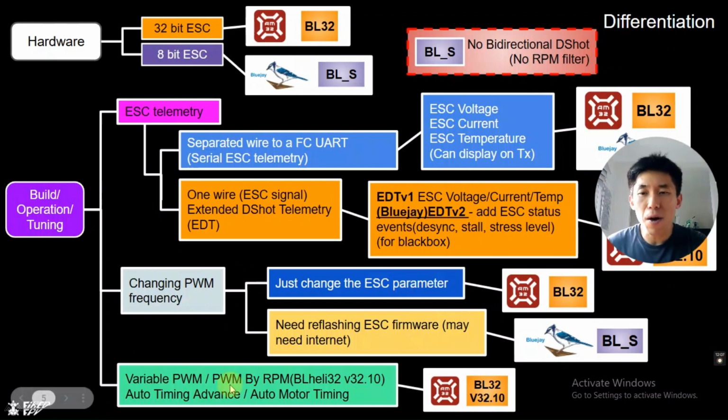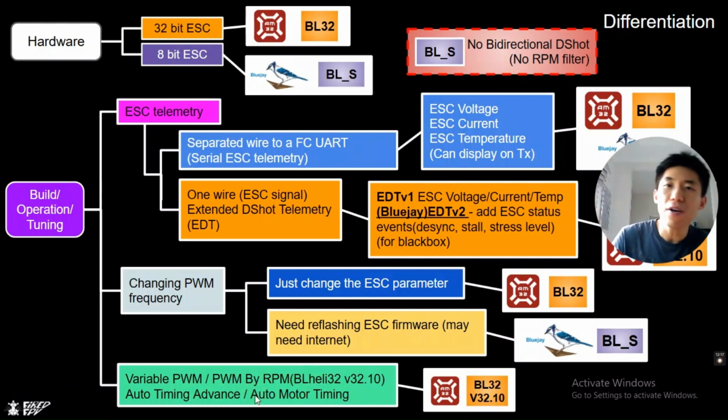And the last topic is the variable PWM, or PWM by RPM, and the feature auto timing advance, which most of us may know as auto motor timing. If you want these two features, which give you peace of mind in setting these two parameters, you just set them to auto and forget about it.